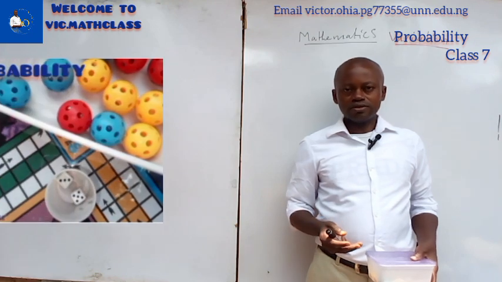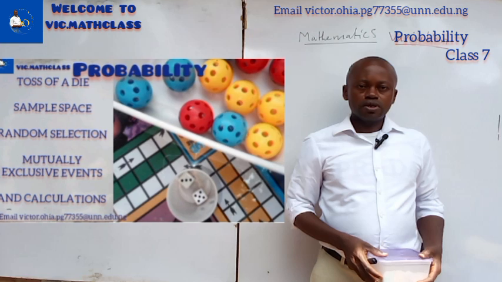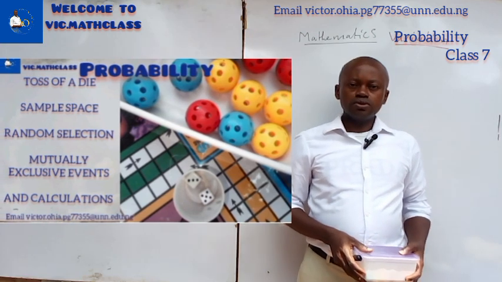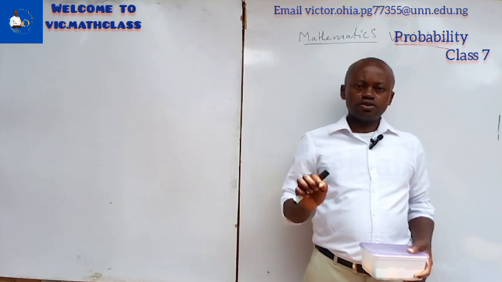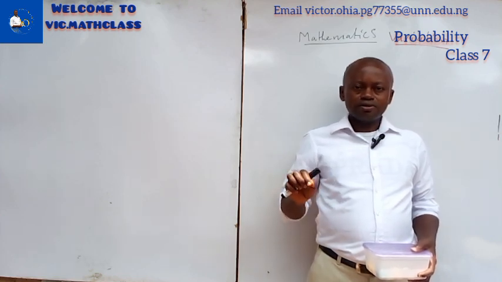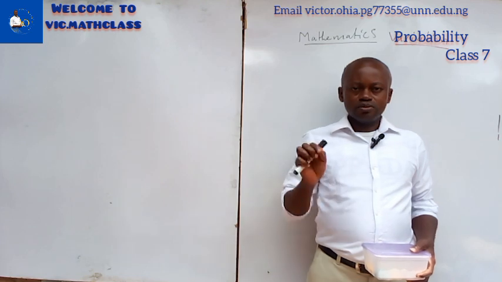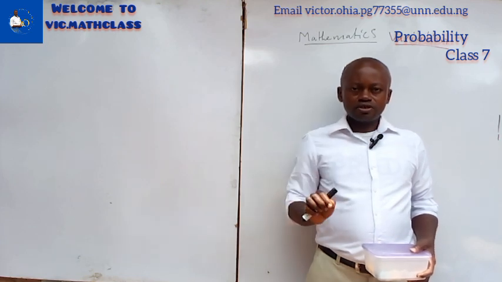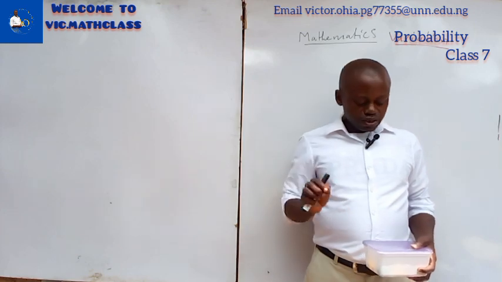Sometimes we understand what the concept is all about, sometimes we may not. So I want to use this opportunity to do a little practical demonstration of selection without replacement and with replacement. Do we get that?